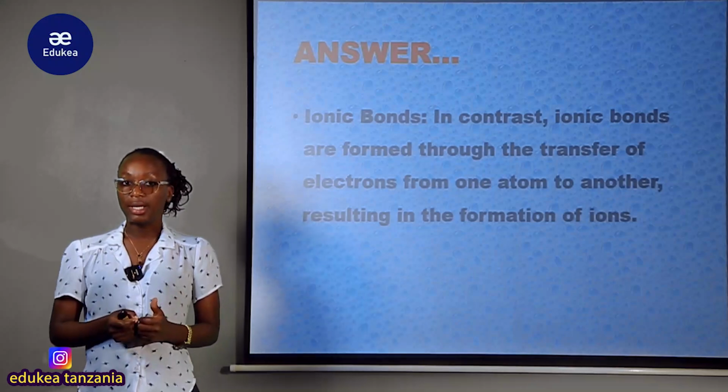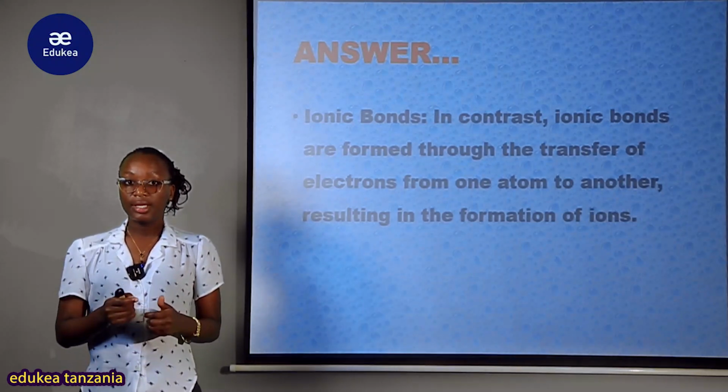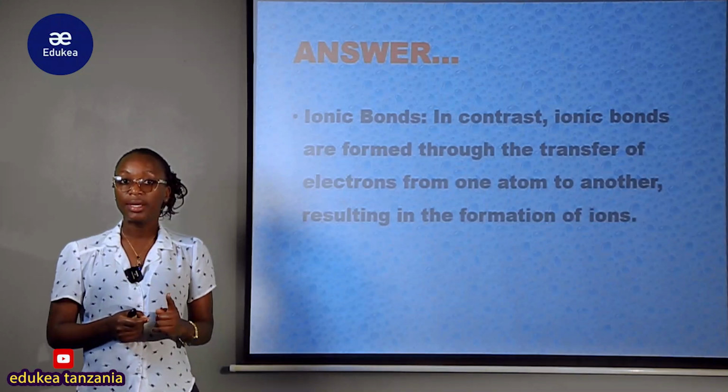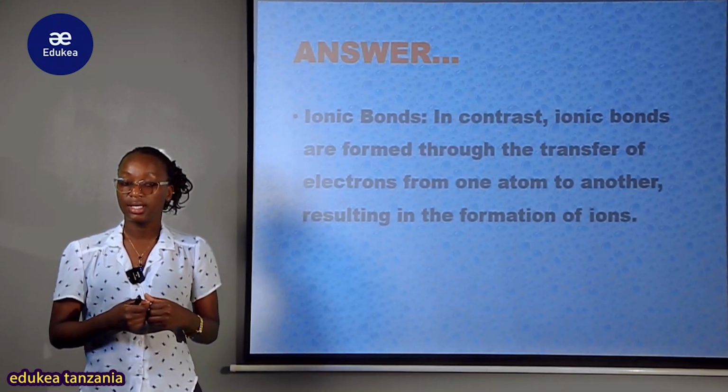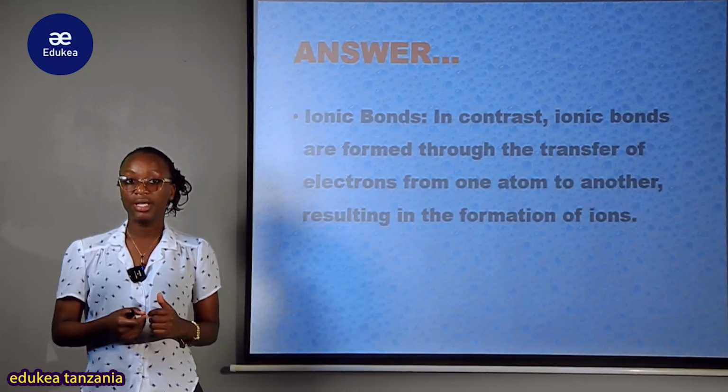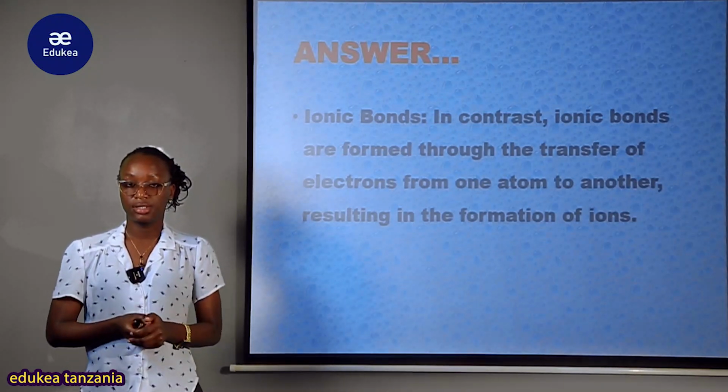The same applies to chlorine. In chlorine gas, 1 chlorine is missing 1 electron to attain stability, and the other chlorine is missing 1 electron to attain the noble gas characteristic.